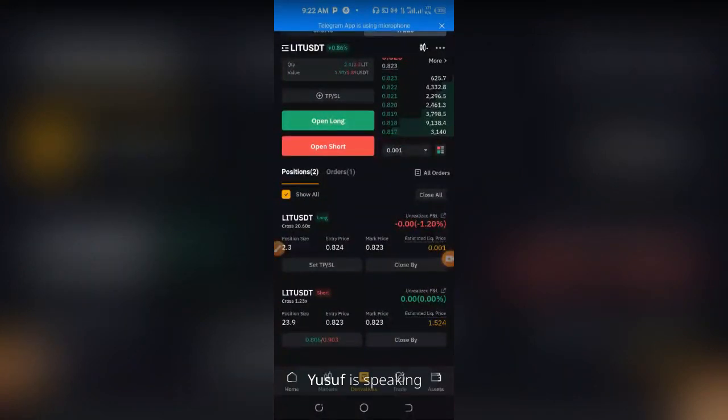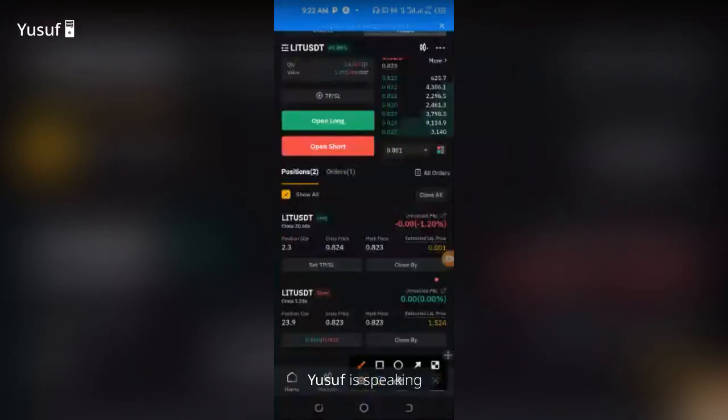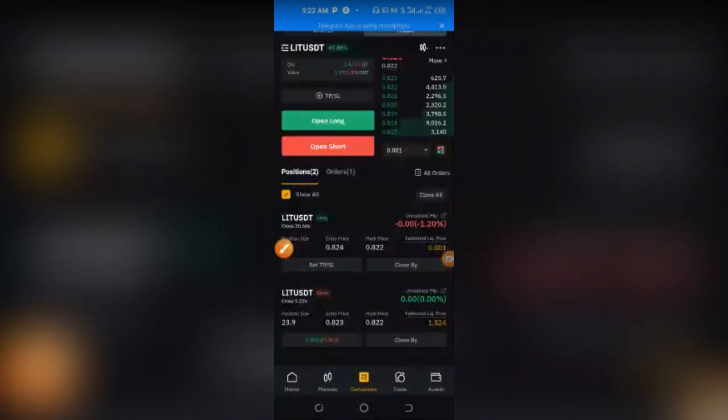The entry price is 0.823. The market price is 0.823. It's on the same level. That's why you are seeing this. I am neither making profit nor loss here. But remember, I've been charged gas fee, so it's only a little 0.something fee that I will lose. But it's on equilibrium. This one, I am on minus already.